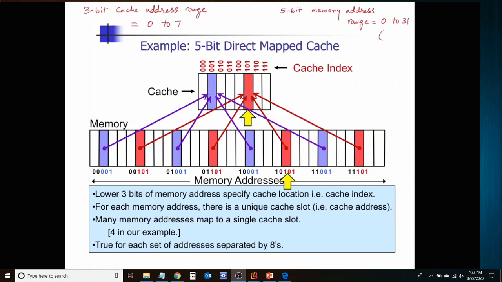So in total we have 2 raised to 5 words here, and in cache we have 2 raised to 3. So that means 2 raised to 5 divided by 2 raised to 3, if I divided those up, I would get 4 addresses that are going to be mapped to one cache slot.